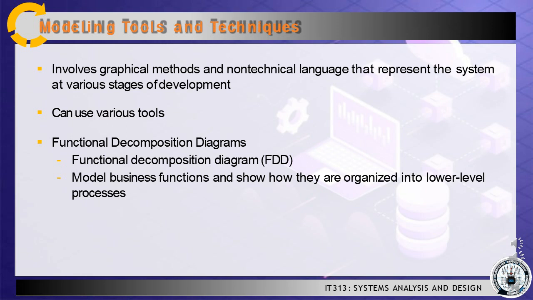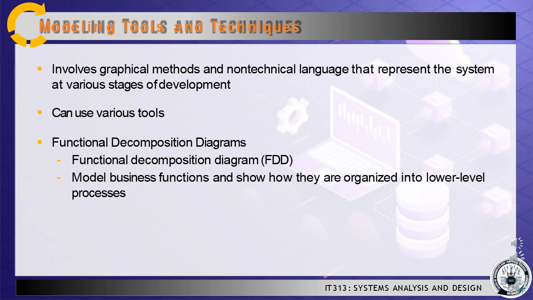A functional decomposition diagram or FDD is a top-down representation of a function or process. Using an FDD, an analyst can show business functions and break them down into lower-level functions and processes. Creating an FDD is similar to drawing an organization chart. You start at the top and work your way down.